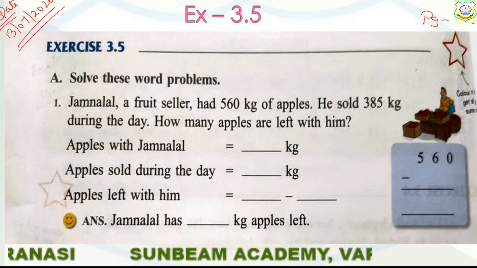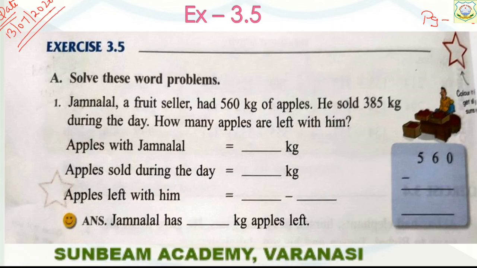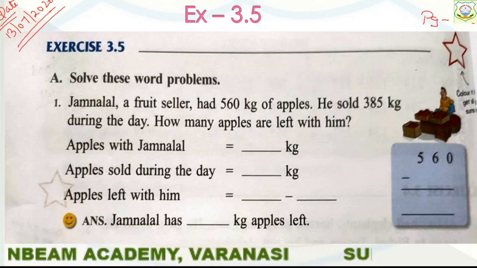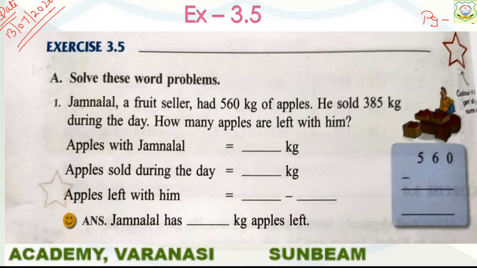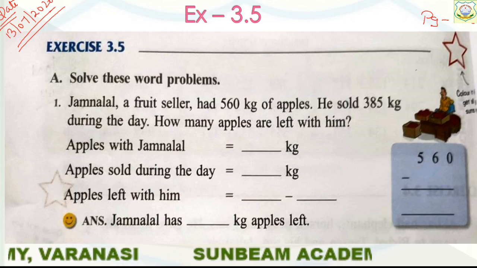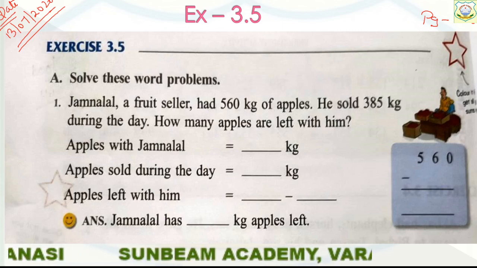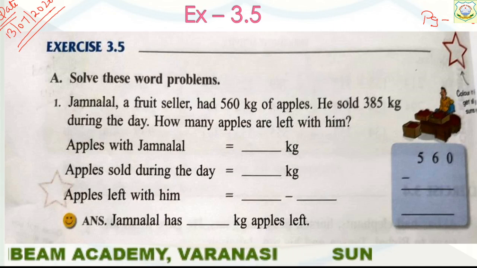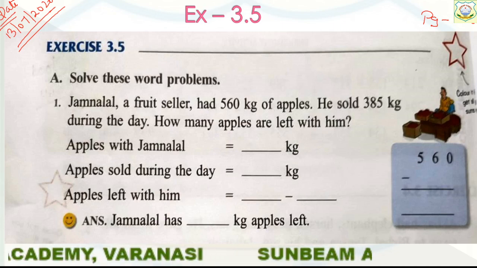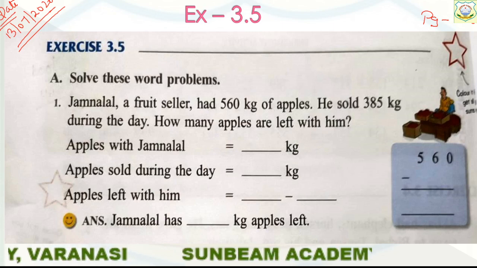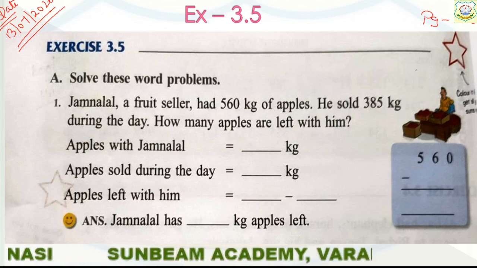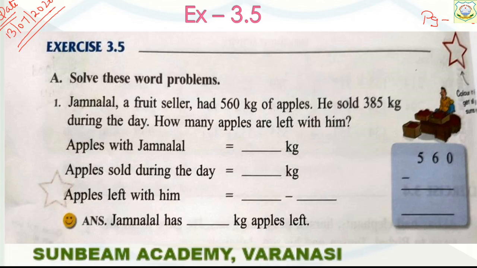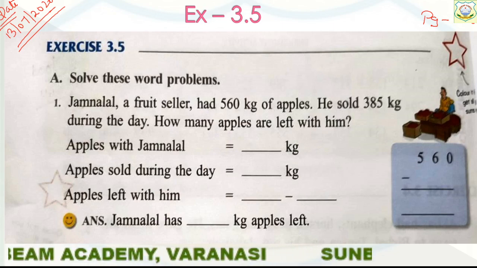We have to do today question number A, first one and second, the Jamnalal and Hemant questions. In the book only we have to do, right? So take out your pen, open your books. Have you taken out?